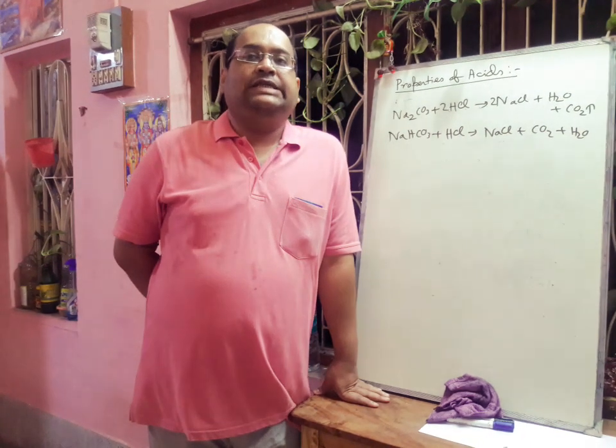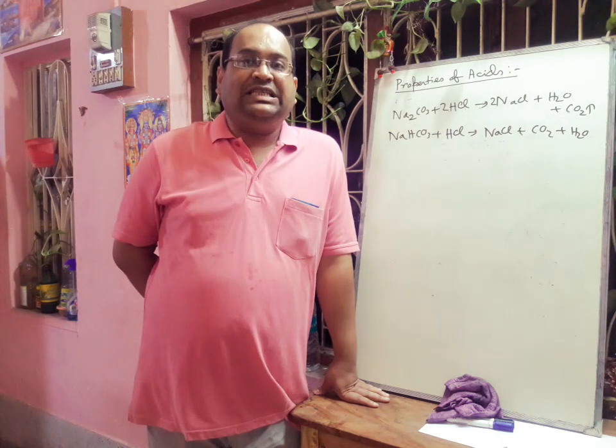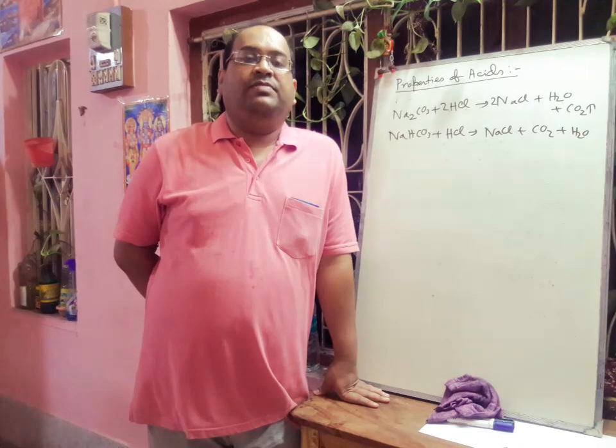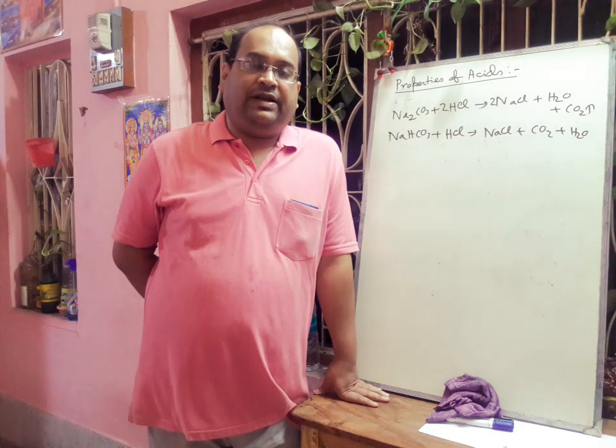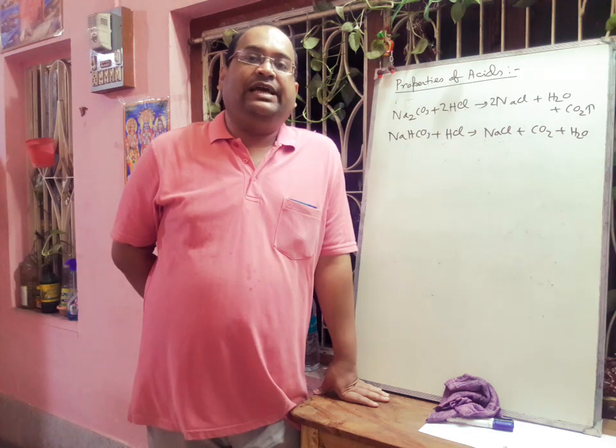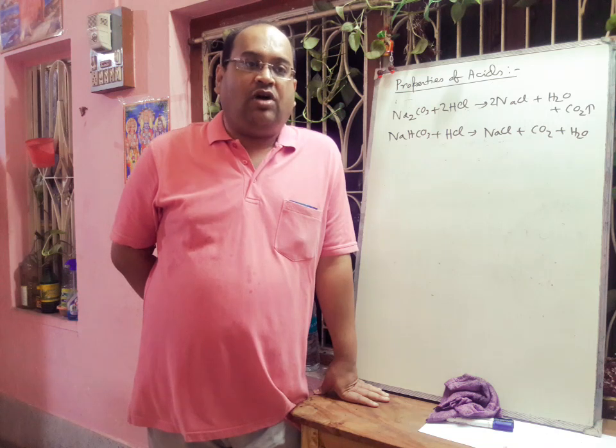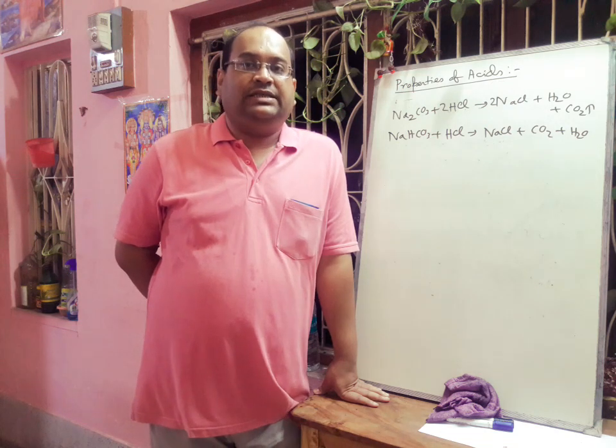Next we will discuss sulfite. Metal sulfite will react with acid, forming salt, water and sulfur dioxide gas. Or if we take metal bisulfite, that will also react with acid, forming salt, water and sulfur dioxide gas.